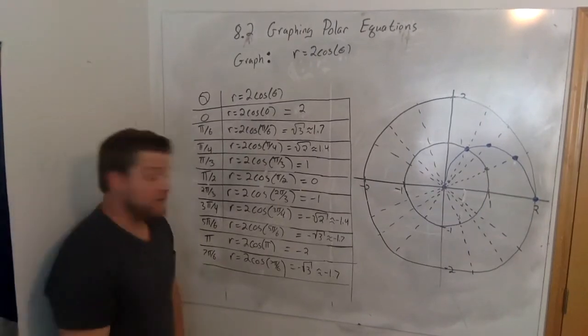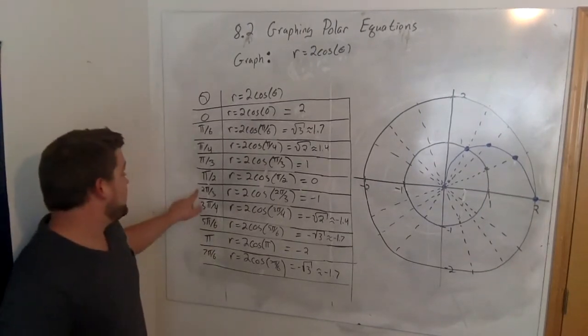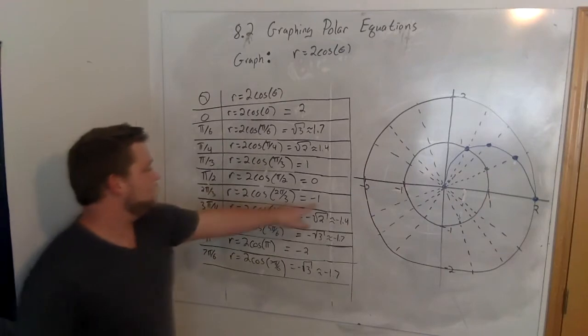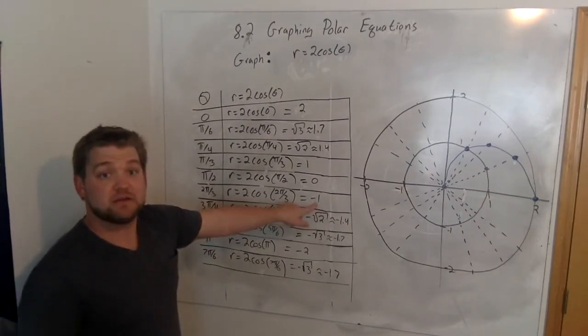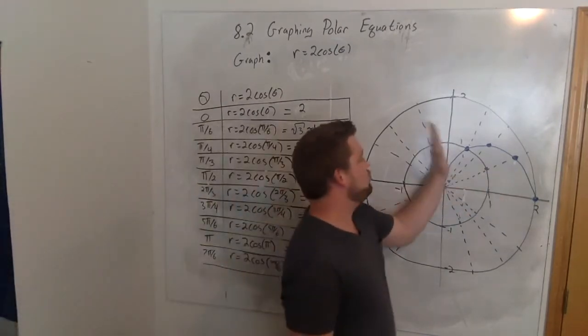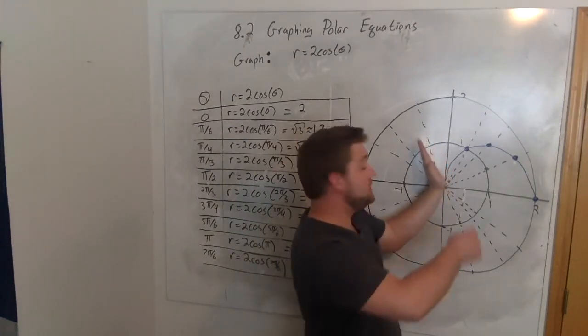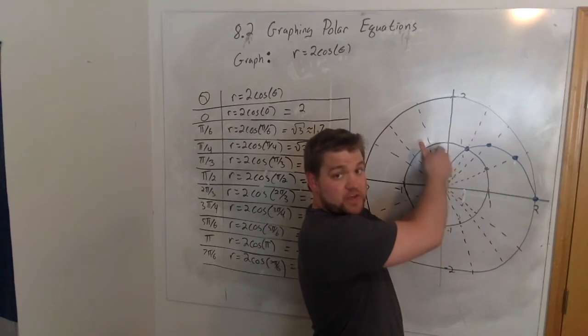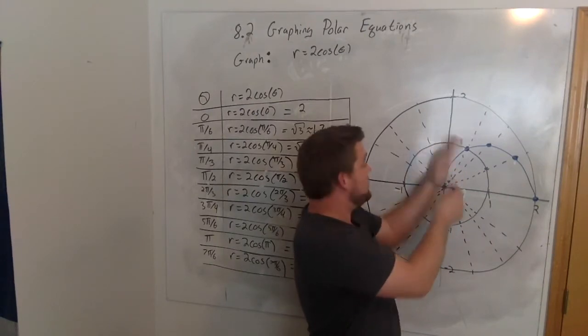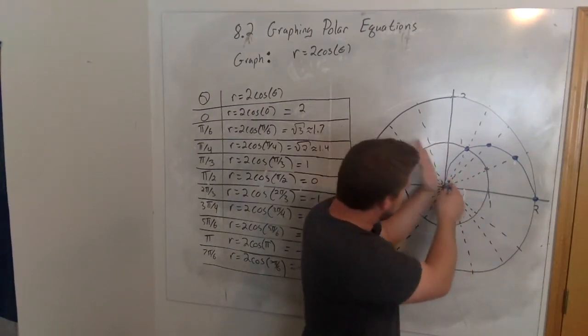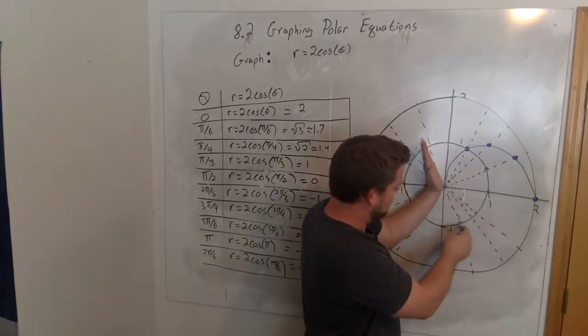Okay, let's keep going. Now if we're at an angle of 2 pi over 3, we need to go out a radius of negative 1. So here's 2 pi over 3. Now we need to go to a radius of negative 1. If the radius was positive 1, we would go here. But it's a radius of negative 1, so we go in the other direction, out here 1 unit.